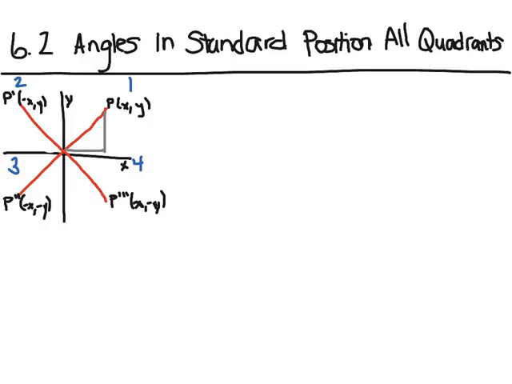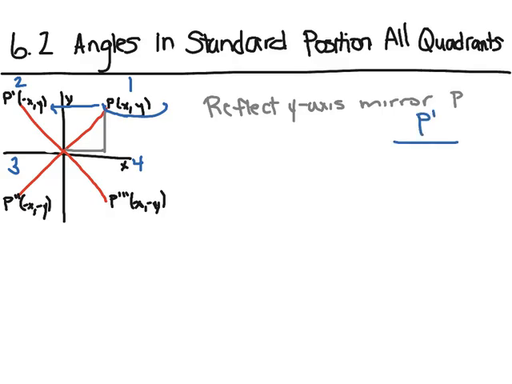So if we wanted to find the point that reflects across the y-axis and mirrors the point P, that means we want to mirror this point right here and reflect across the y-axis. So our matching point would be P prime.